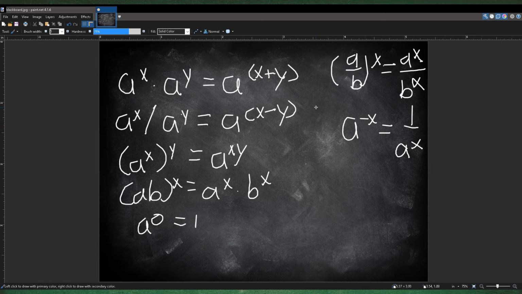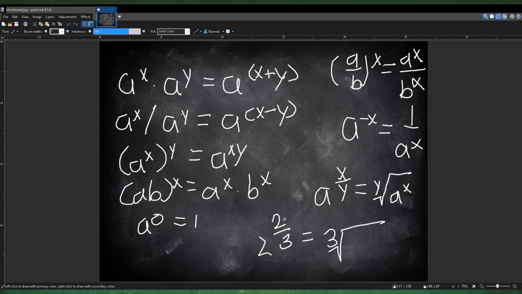Then we're going to have the fractional exponent, which says if it's a to the power of x divided by y, it's going to be the y root of a to the power of x. So what does this show? Let's say we have something like 2 to the power of 2 over 3. It's going to be the cube root of 2 to the power of 2. 2 to the power of 2 is just 4.